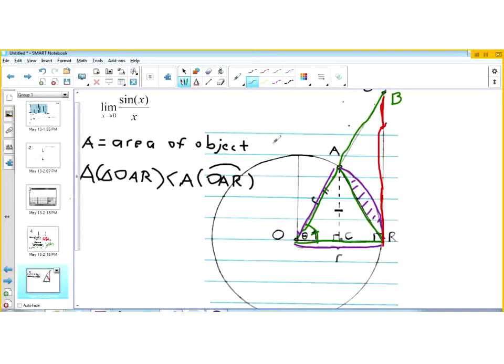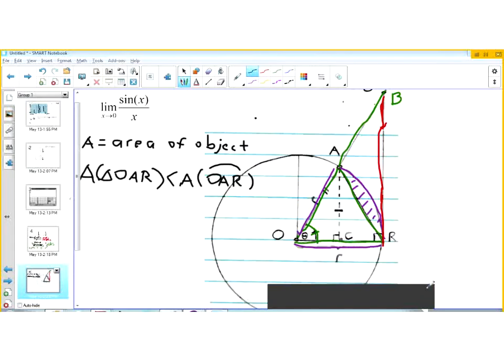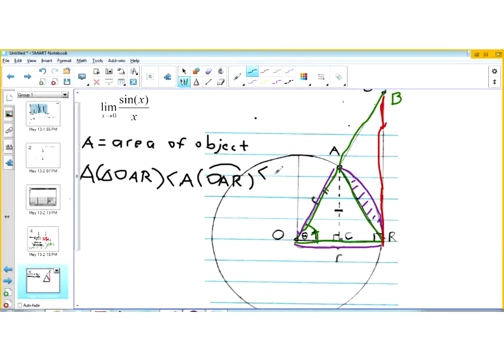And finally, the area of sector OAR is less than the area of triangle OBR, and that's obvious from the drawing.